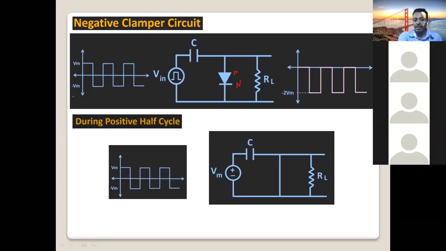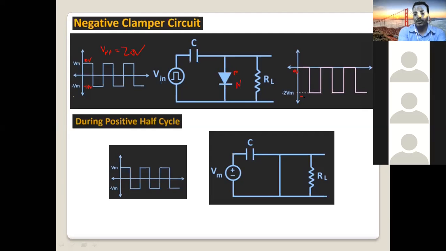Let's say we have 10 volt here and minus 10 volt here. That's the square waveform input signal. So what is the peak to peak? Peak to peak voltage is 20. Similarly here, what is the maximum? In this case, this is 0.